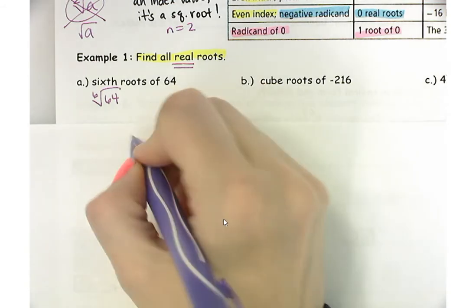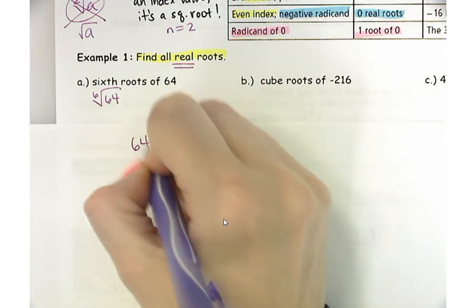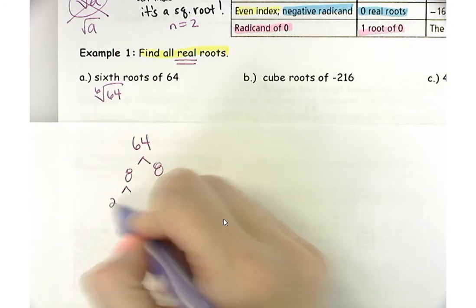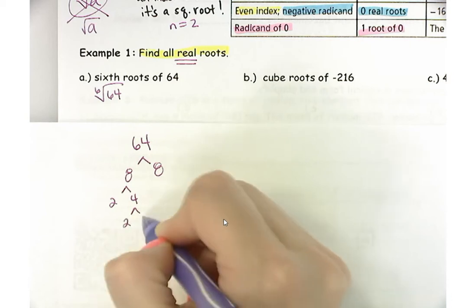And 8 is 2 times 4, and 4 is 2 times 2. So really, isn't 8 just 2 to the 3rd power? So this 8 I'm just going to break down right away into 2 times 2 times 2. The prime factorization is 2 times 2 times 2 times 2 times 2 times 2: 1, 2, 3, 4, 5, 6.